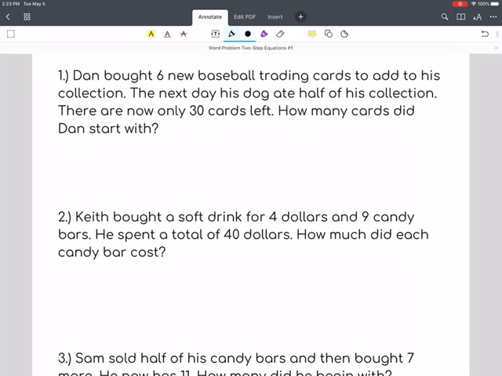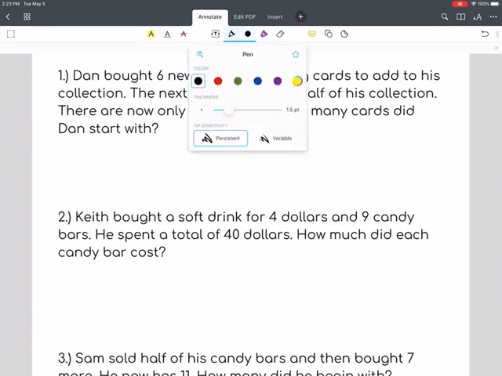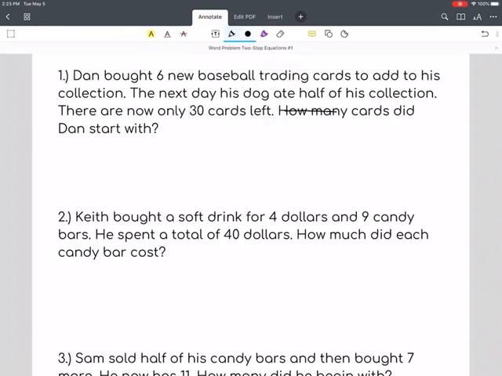Number 1, Dan bought 6 new baseball trading cards to add to his collection. The next day, his dog ate half of his collection. There are now only 30 cards left. How many cards did Dan start with? So, from the question itself, let's highlight it.